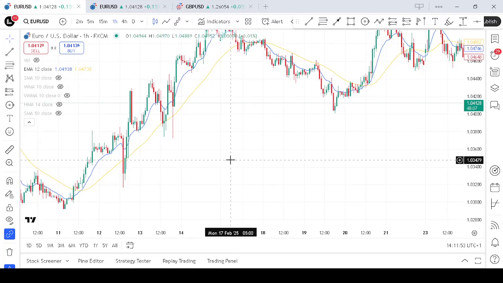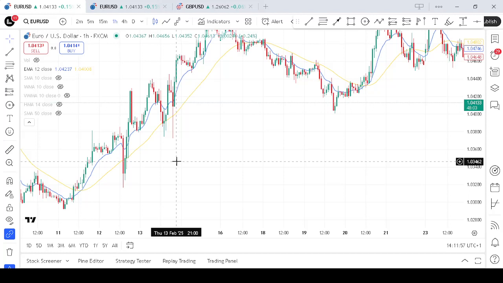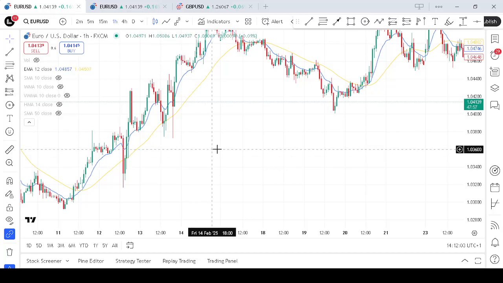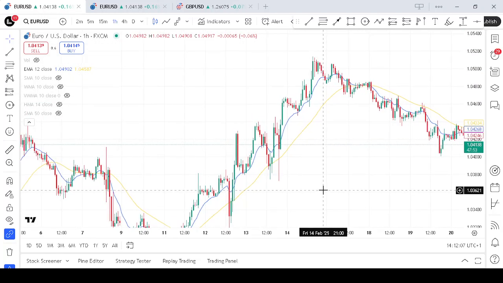To calculate the EMA, you start with the SMA, that's the simple moving average, for the initial period. After that, you apply a multiplier to give more importance to the most recent price. The formula may seem complex at first, but many trading platforms automatically calculate this for you.